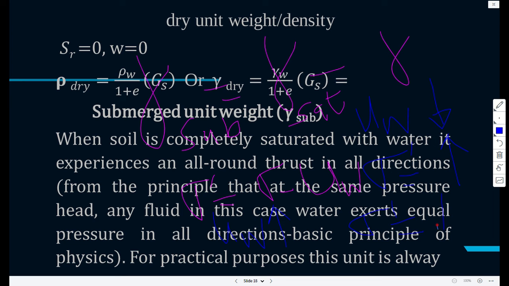So basically what we are saying, in quicksand condition, the pore water pressure goes up, and because the strength of soil is controlled by effective stress, the effective stress, or basically the strength of the soil, goes down beyond the pressure exerted by pore water.